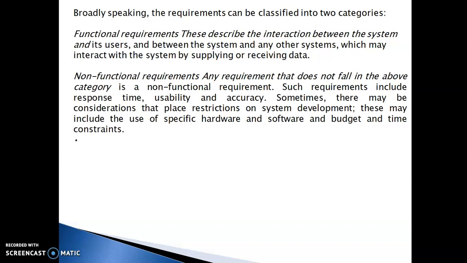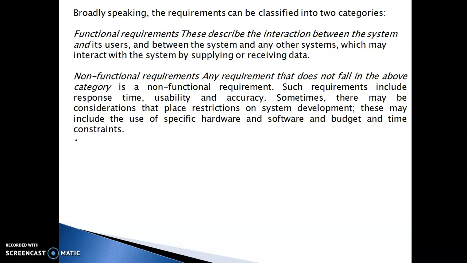Response time is, if you give some input to the system, how much time it takes to produce the output. Next, usability, whether your system can be used only once, and how much accuracy it is providing. These are all the parameters that come under non-functional requirements.